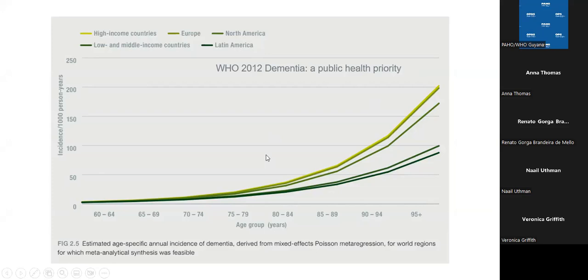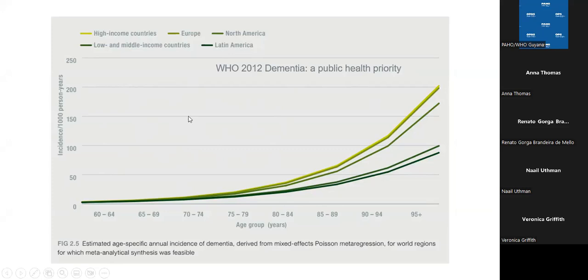Dementia will become a very relevant problem in Latin America, especially because we are improving the management of chronic diseases, and people will live longer.